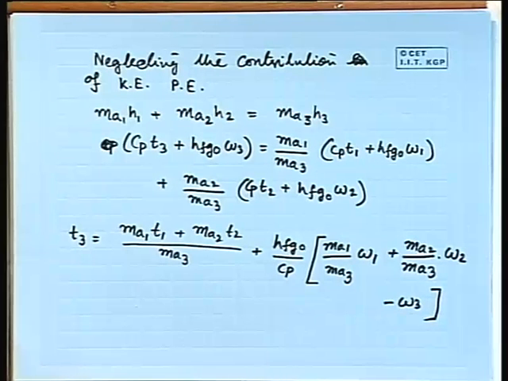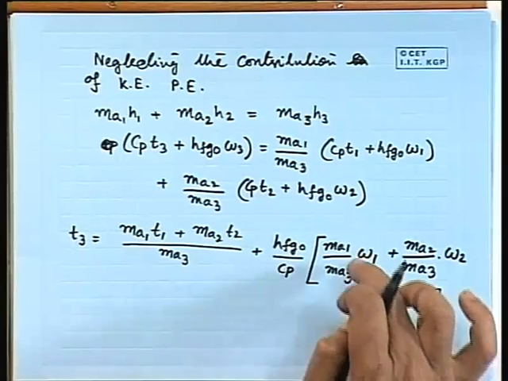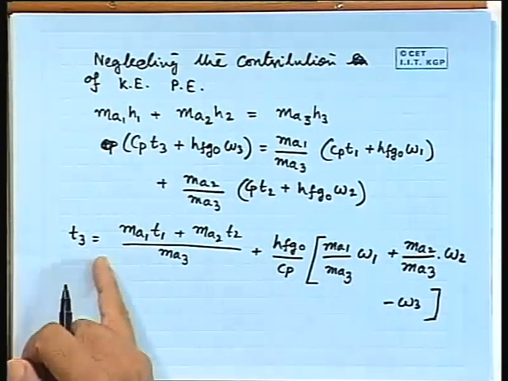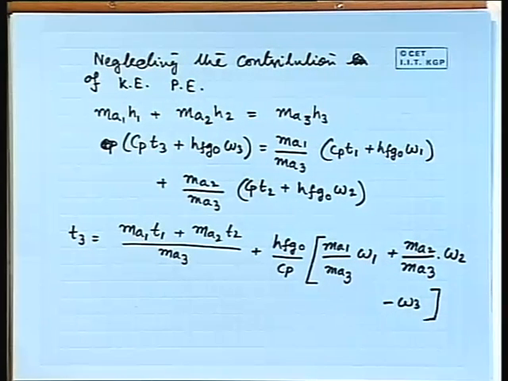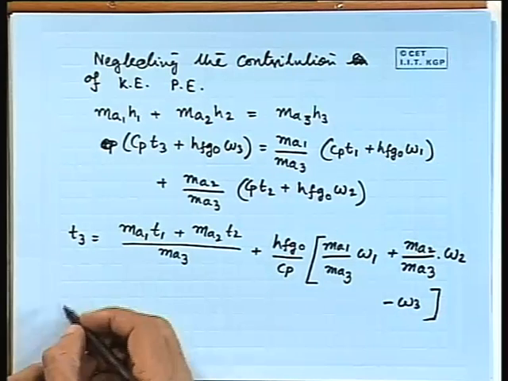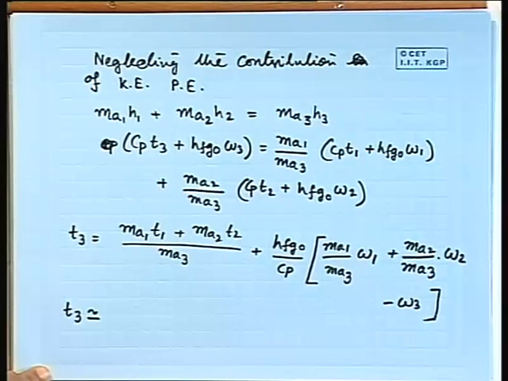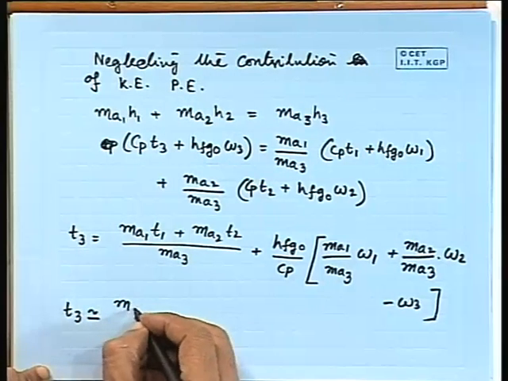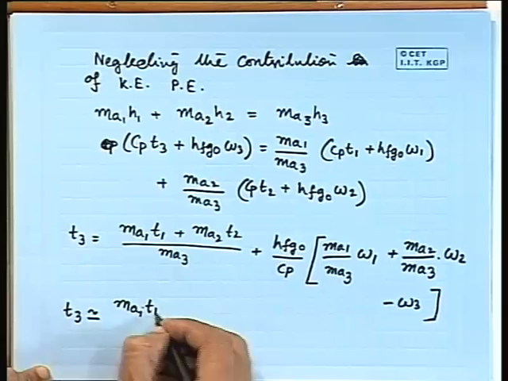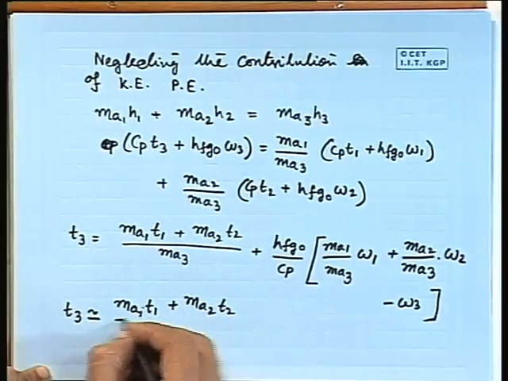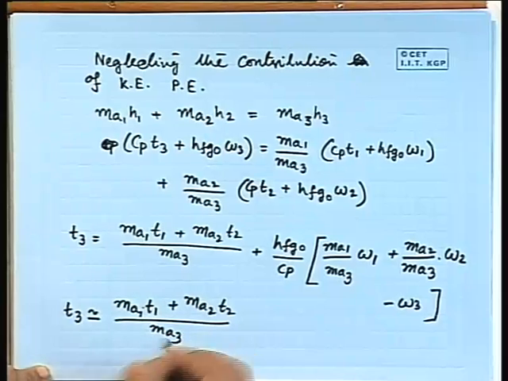This will be the expression. Now, generally W1, W2, W3 are very small quantities, and one can have an approximate expression for T3. So, one can write T3 is approximately, not exactly, (mA1 T1 plus mA2 T2) divided by mA3.